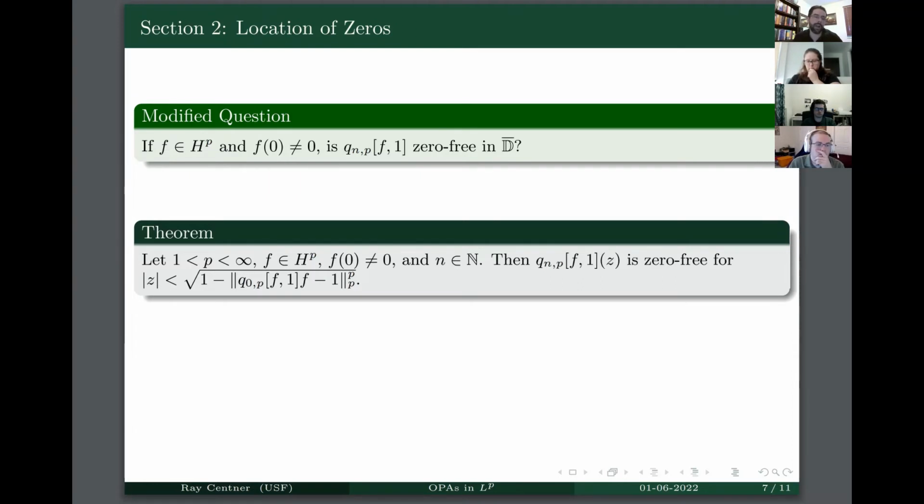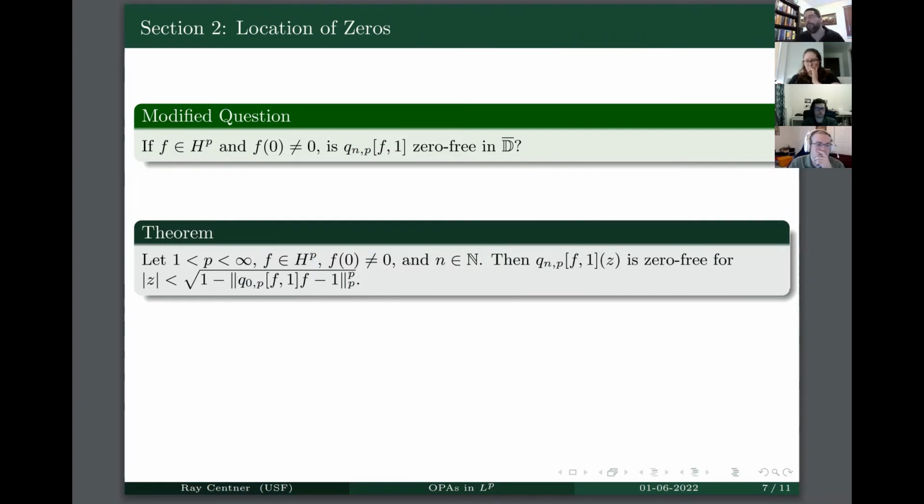By definition, we're minimizing this norm, so you'd like to think it's something small. So I'd like to hope that what's underneath the radical is closer to 1. The essence of this theorem is that for any function F, all of the OPAs are zero free, at the very least, on most of the disk. So that doesn't answer the modified question, but it at least gives us a little hope.